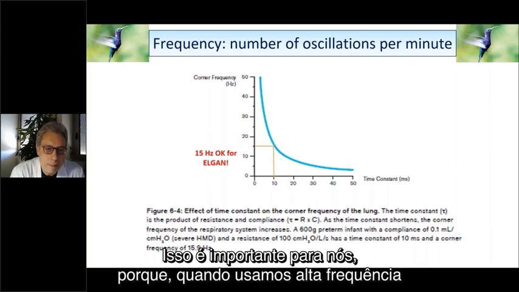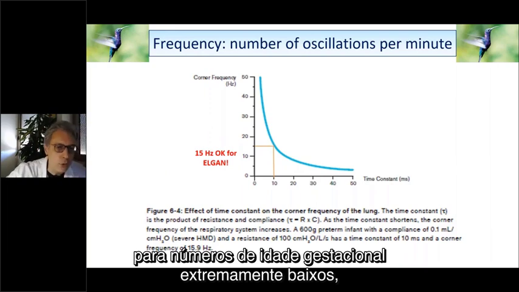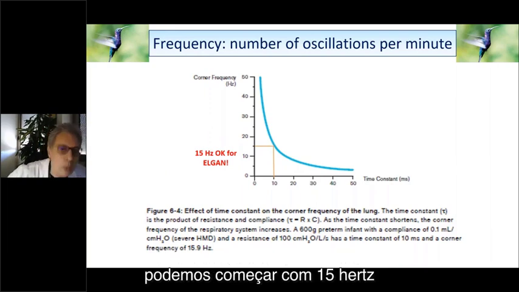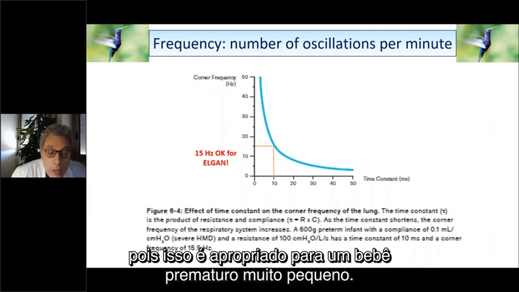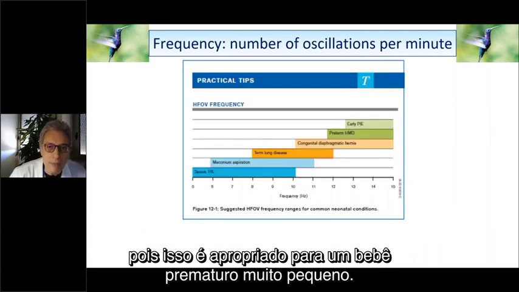And this is important for us because when we use high frequency for extremely low gestational age newborns, we can start with 15 Hz because this is appropriate for very small preterm infants.